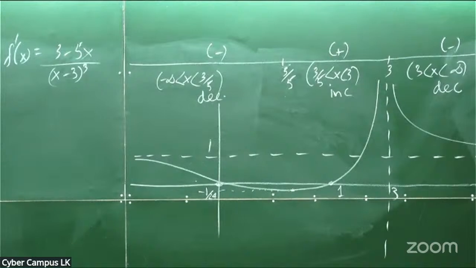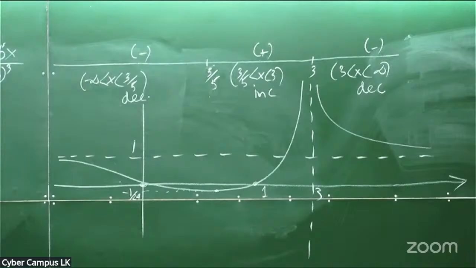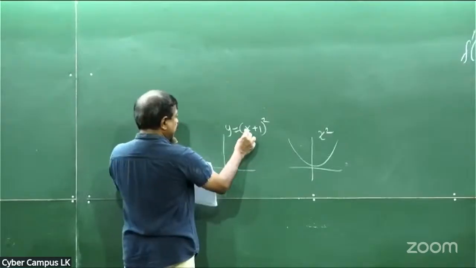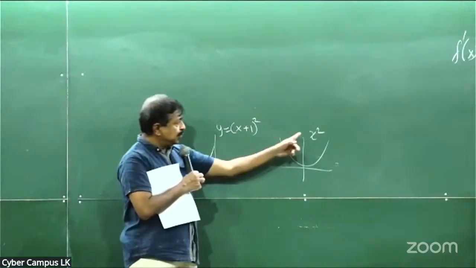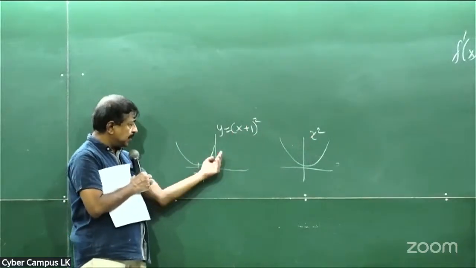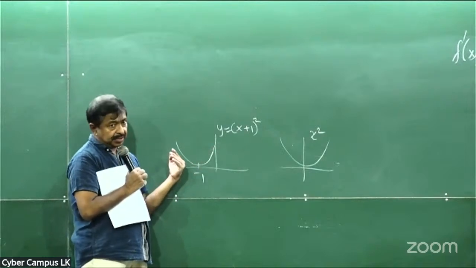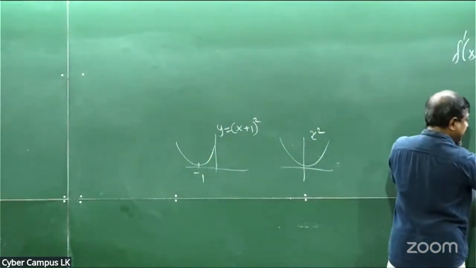Now we need to sketch f of x plus 1. If you are not sure what to do, take something like x squared. Now what is the graph of y equals x plus 1 quantity squared? Again, it's a parabola and it is 0 when x is minus 1. So what happens is, if you replace x by x plus 1, the graph shifts 1 unit to the left-hand side, other way around. So the graph of f of x plus 1 will be something like this.